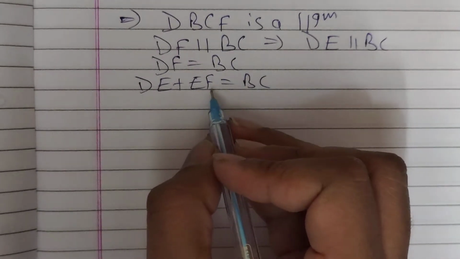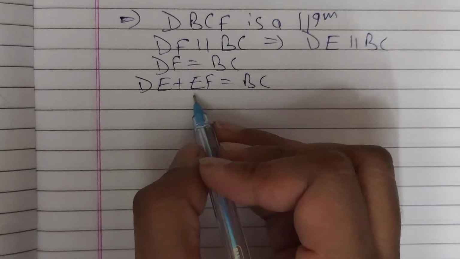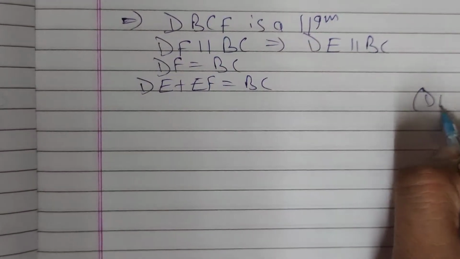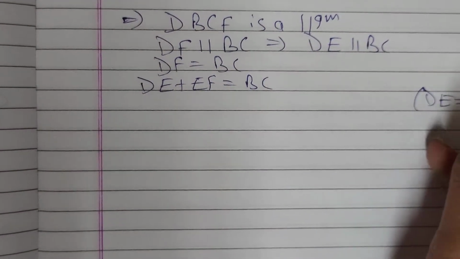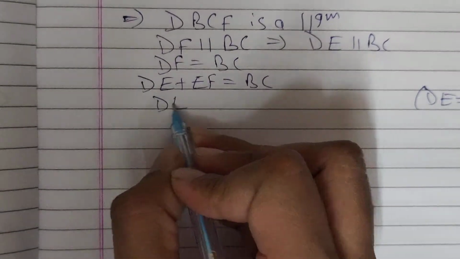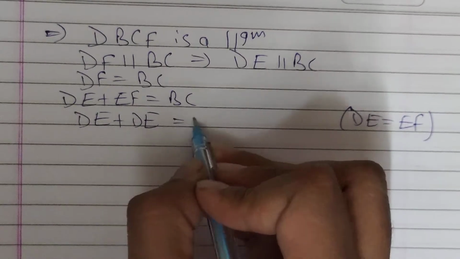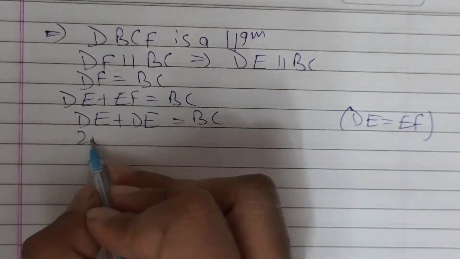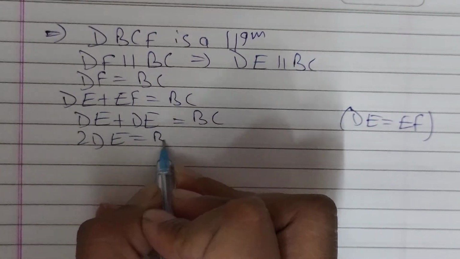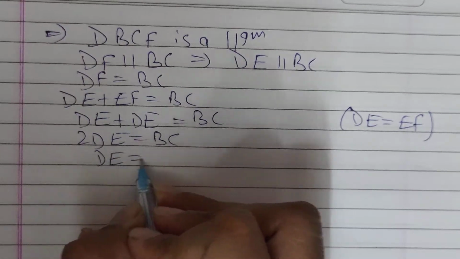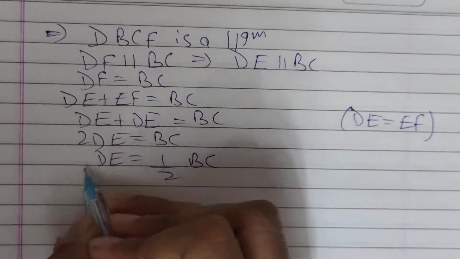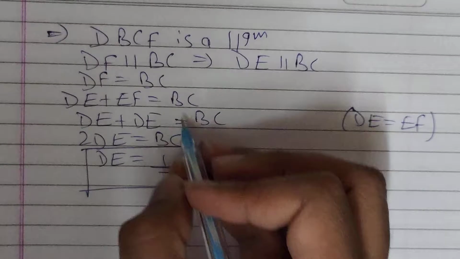Now DE is equal to EF by construction, so DE plus DE is equal to BC. Twice DE is equal to BC, so DE is equal to half of BC. So this we have proved.